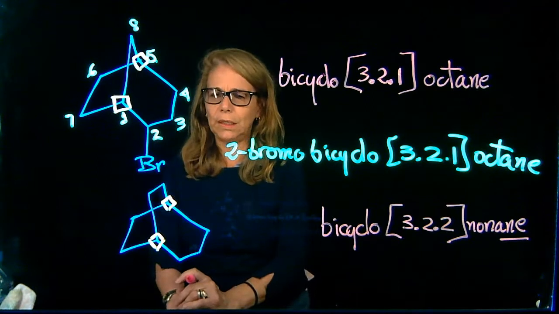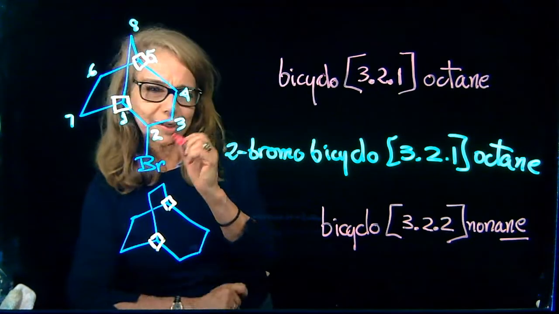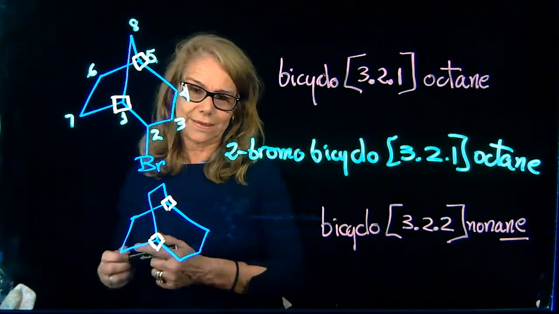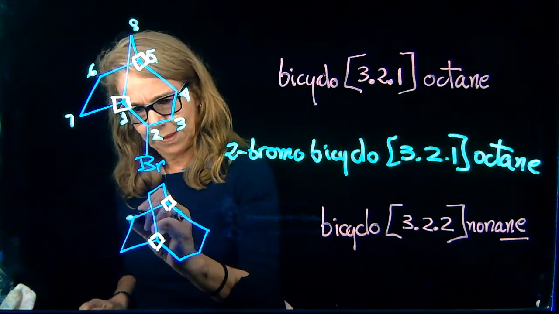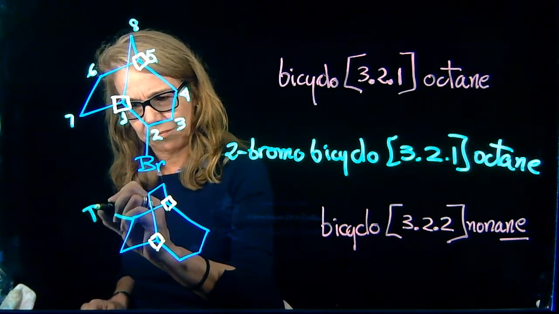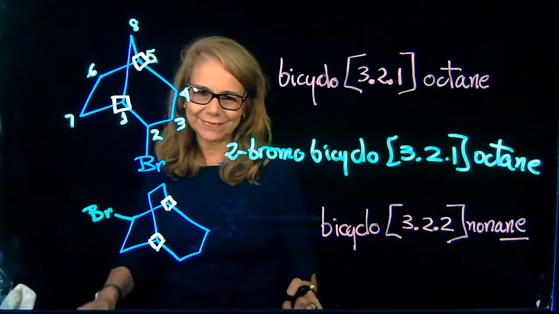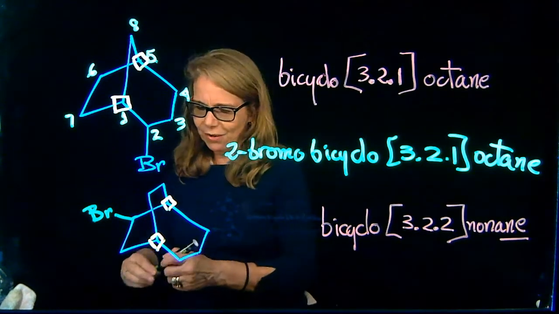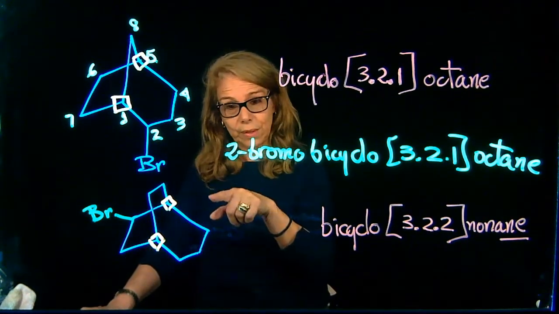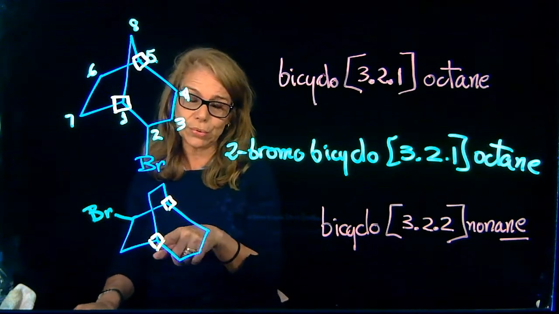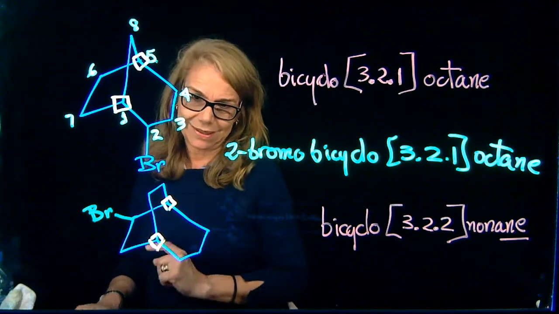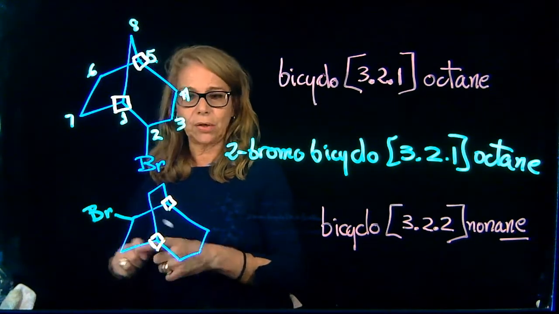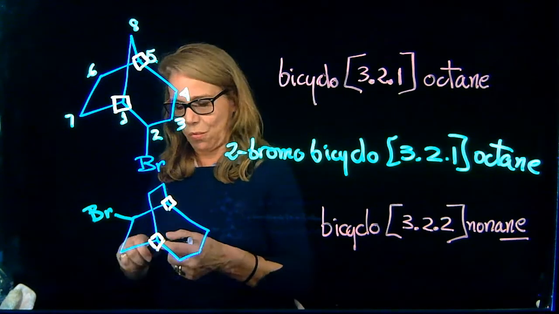Now I'm going to put a substituent in another place. And say that I have here, let's keep my bromo, like that. All right, so when we do the numbering, remember that we're going to choose one of the bridgeheads. And then we're going to go around the largest one.